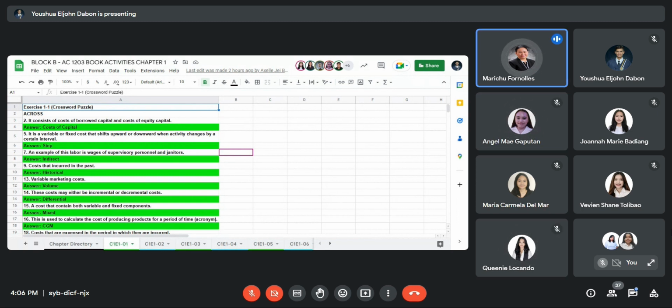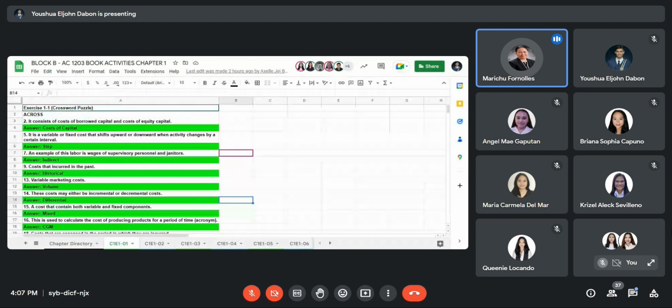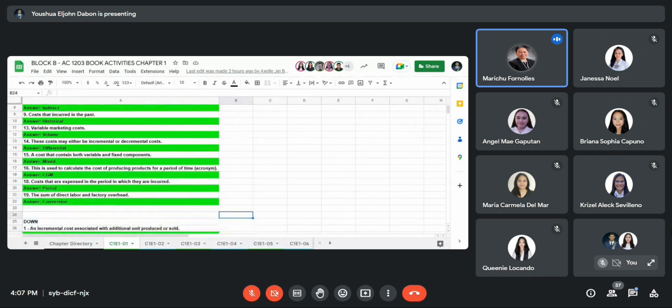Number 9 is historical. Correct. Number 13 is volume. Correct. Number 14 is differential. Correct. Number 15 is mixed. Number 16 is CGM. Correct.